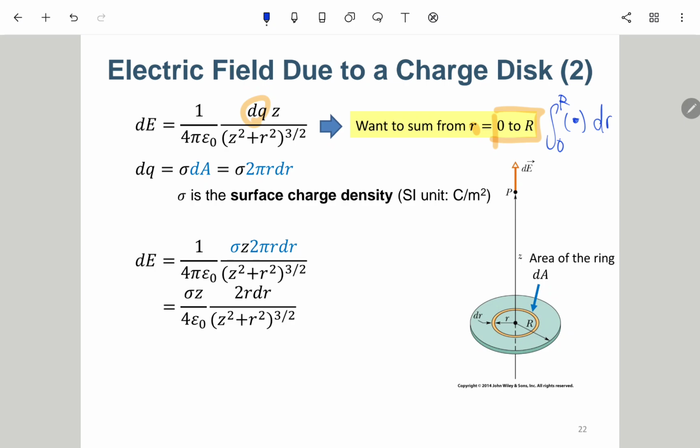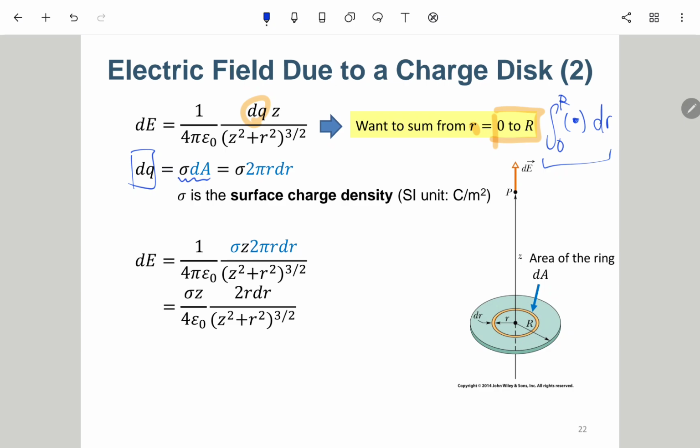As long as we have an expression like this, we will be able to integrate. But if we have dq, we don't know what the lower bound and the upper bound are. So here we need to do some variable exchange. So dq will be something like sigma times dA.